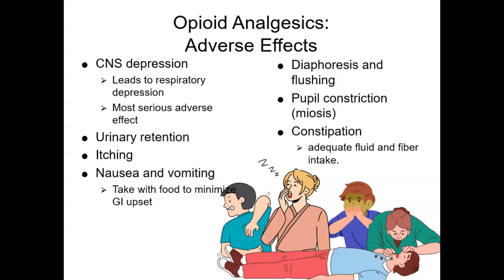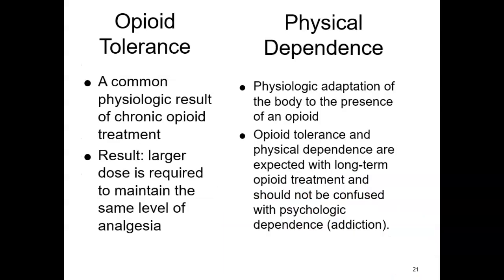Respiratory depression can be manifested by a respiratory rate less than 10 breaths a minute, dyspnea, diminished breath sounds, or shallow breathing. Some other topics to concern ourselves with would be opioid tolerance and physical dependence. So this is not addiction, all right?